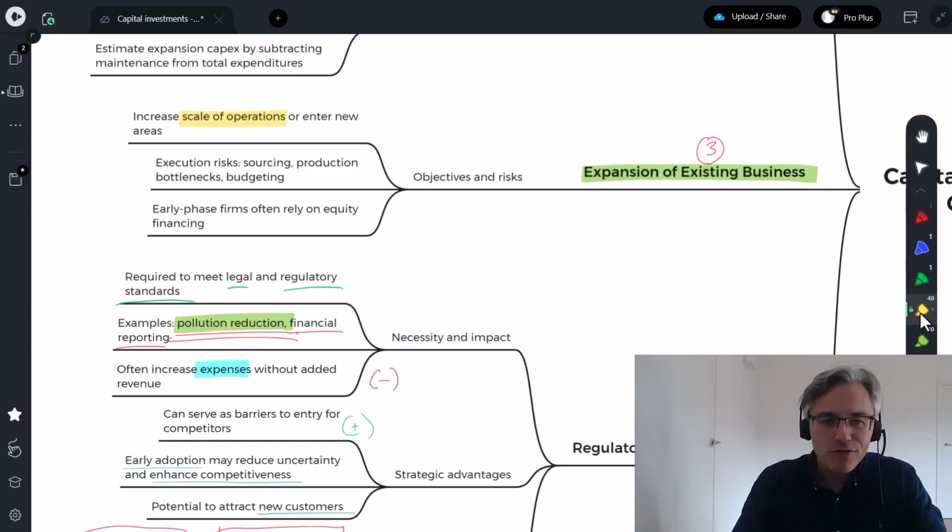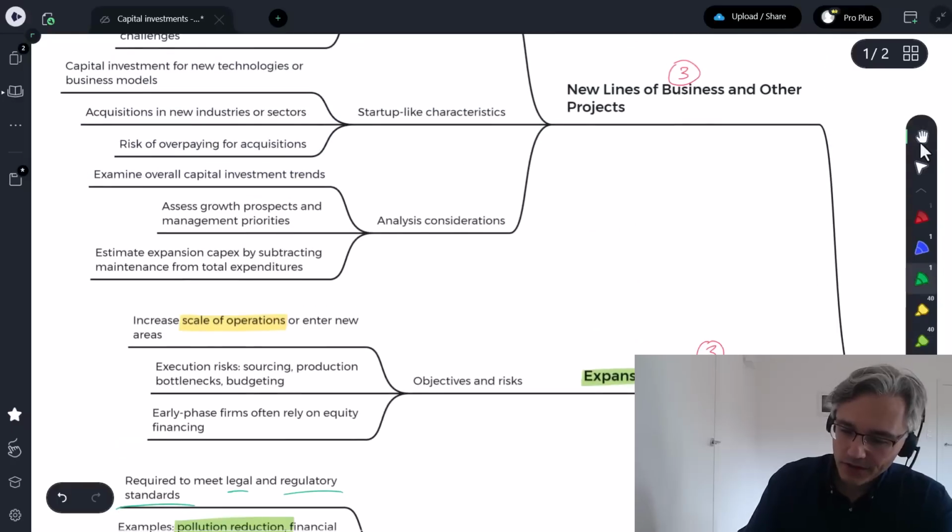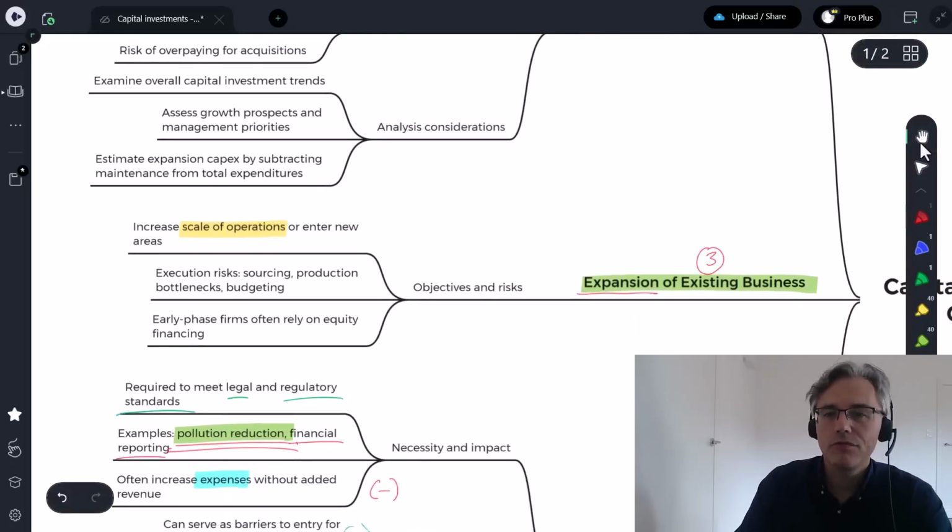Although those new lines of business will be explored separately.